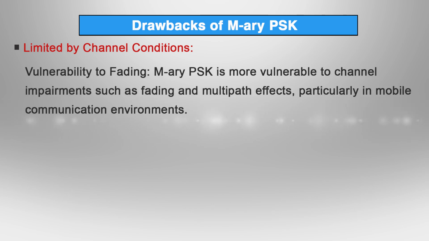The next drawback is that M-array PSK is limited by channel conditions. M-array PSK is more vulnerable to channel impairments such as fading and multi-path effects, particularly in mobile communication environments.